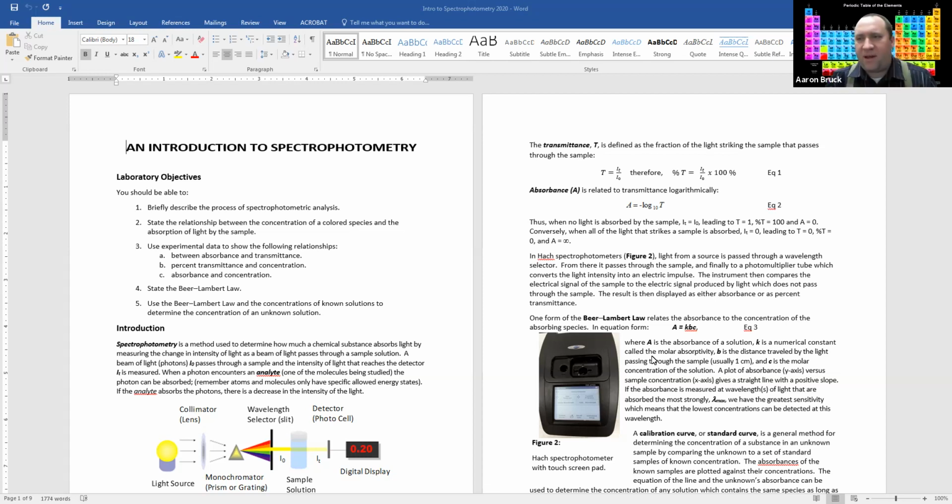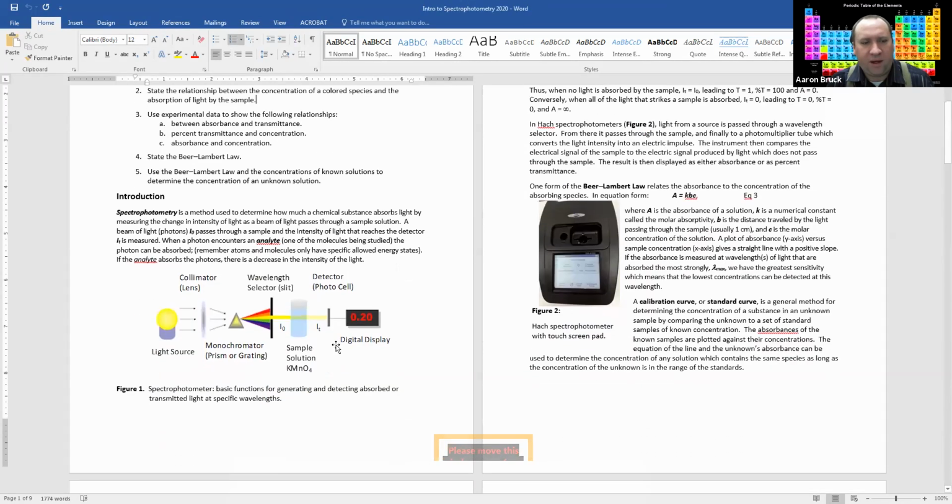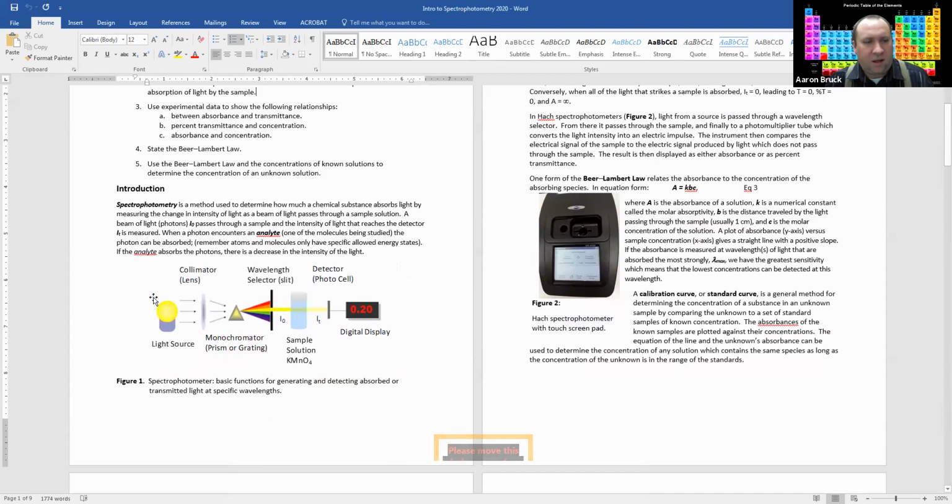Now Beer's Law is based upon this idea that when we do spectrophotometry, we're really looking at something in particular. And that thing that we are looking at is we are taking light, passing it through a prism, and moving that light in through a wavelength selector so that one particular wavelength gets shot through our sample.